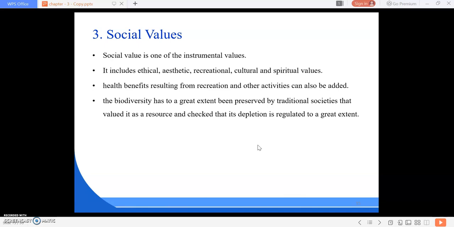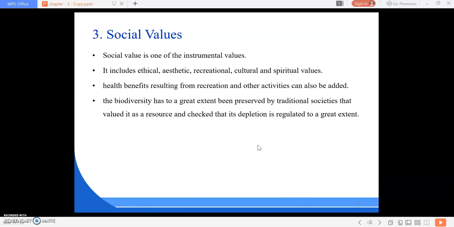Biological resources are the pillars upon which we build civilization. The loss of biodiversity threatens our existence, that is, social life. Thus protecting biodiversity is in our self-interest. These are the social values of biodiversity because biological resources provide the basics for life on earth, including humans.